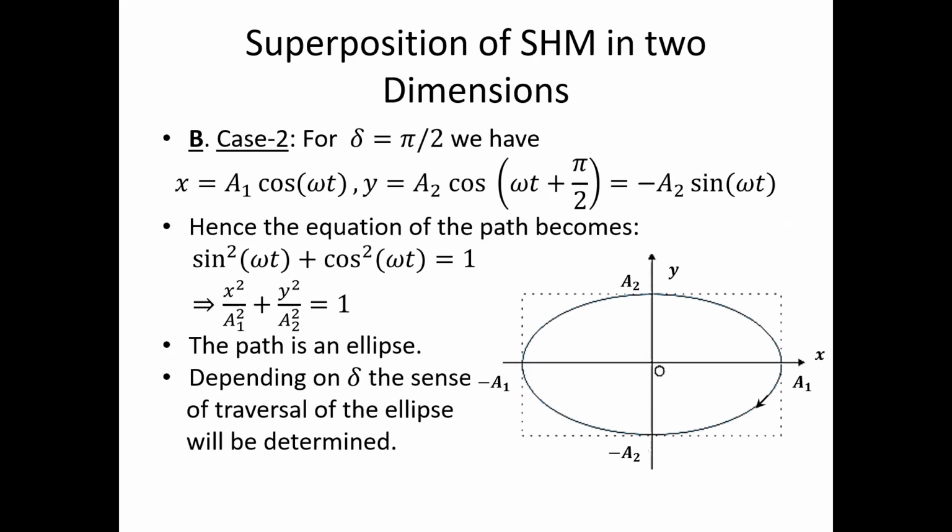Depending on delta, the sense of traversal of the ellipse will be determined, because we can have the same thing with delta equal to 3 pi over 2. For delta equal to pi over 2, we have this kind of motion where the particle traces out an ellipse in the clockwise sense with the center of the ellipse at the origin.